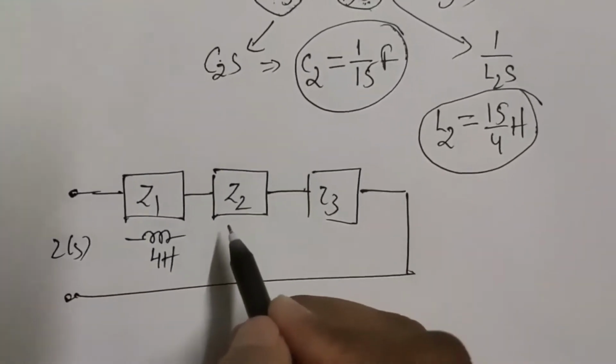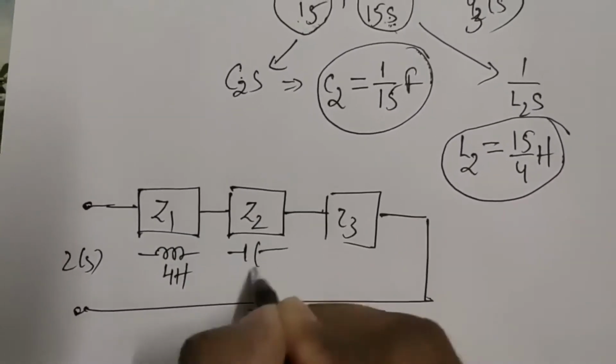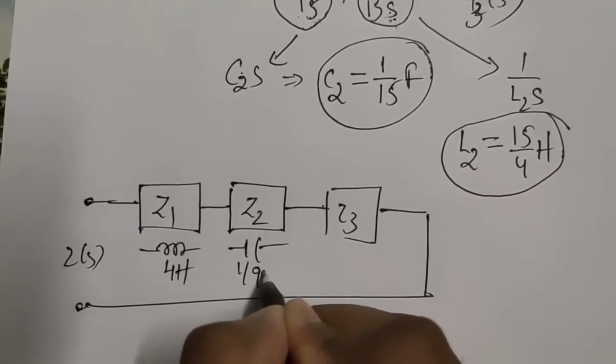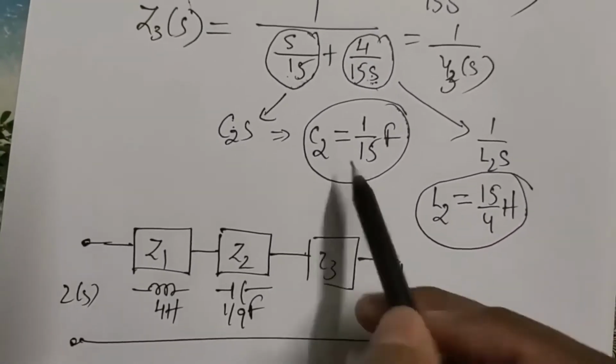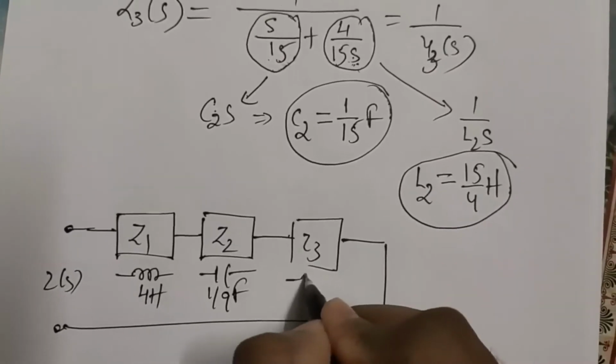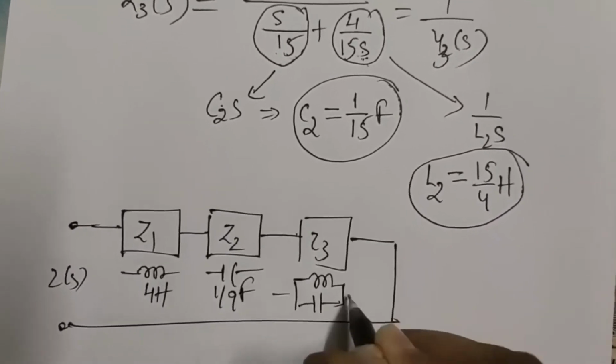Instead of Z2 I have a capacitor of value 1 by 9 farads, and instead of Z3 I have the parallel combination of inductor and capacitor.